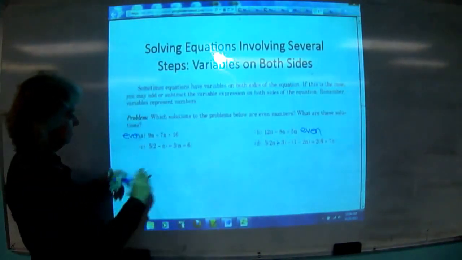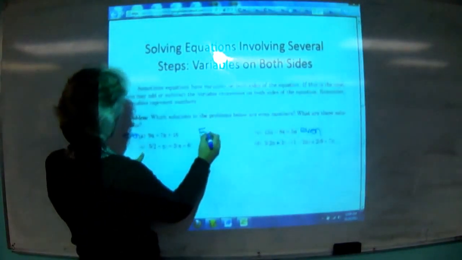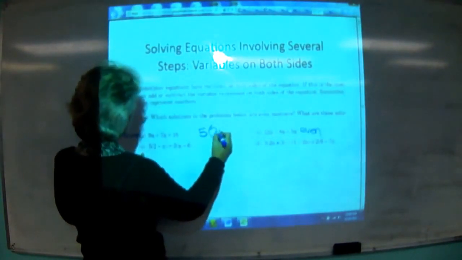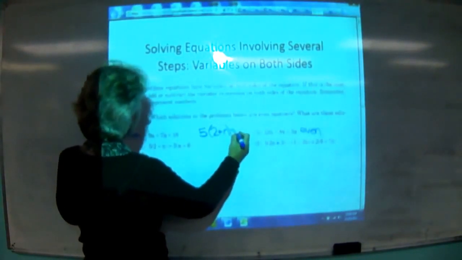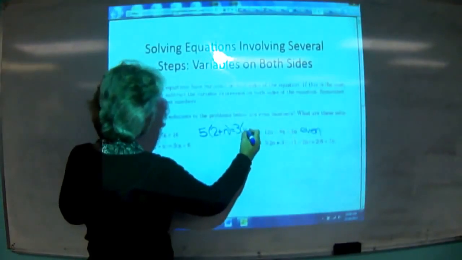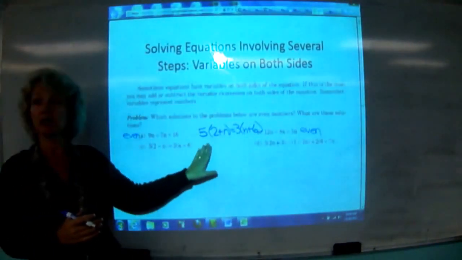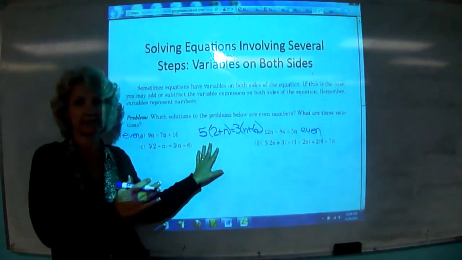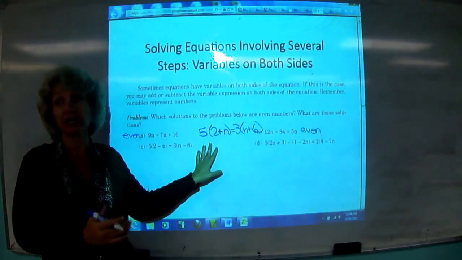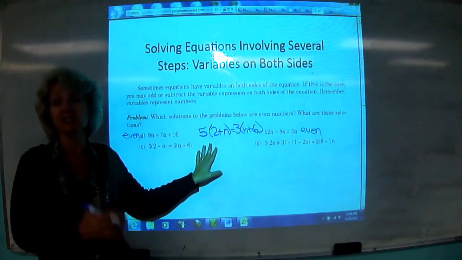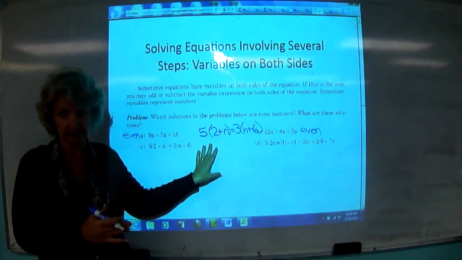What about this one? 5 parentheses 2 plus n equals 3 parentheses n plus 6. The thing about when a number is right against the parentheses, we're talking in that parentheses personal space.